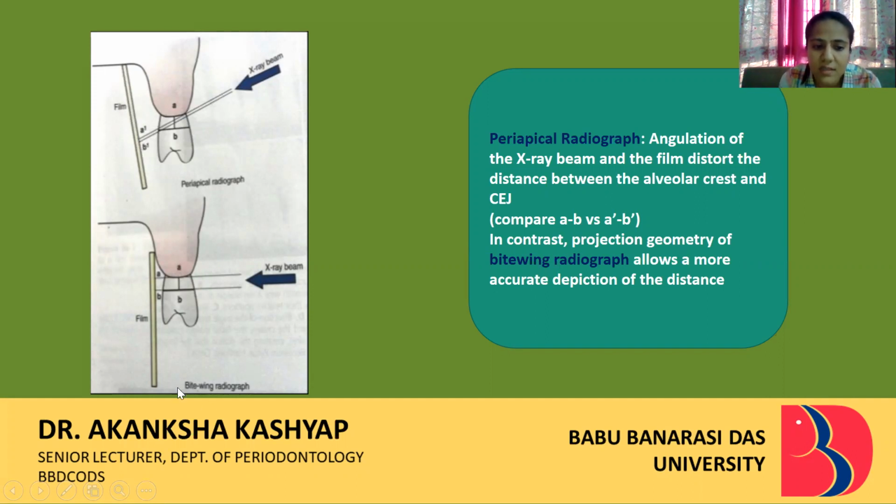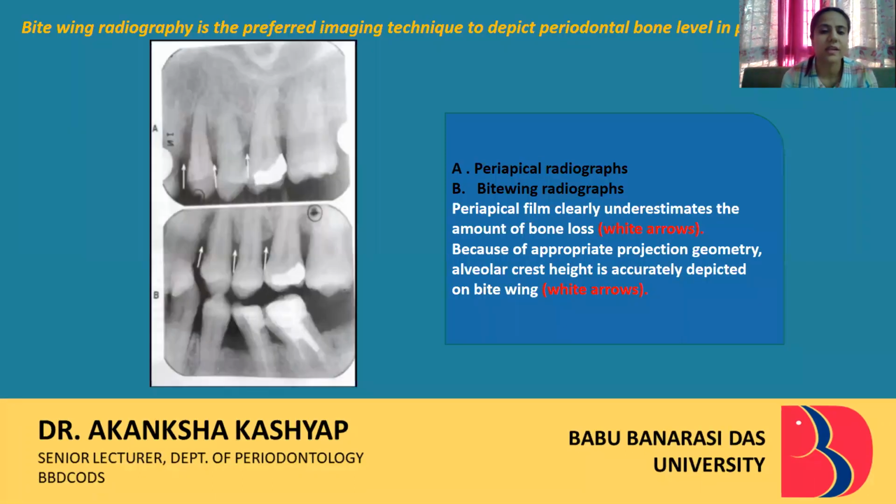While in the bite wing radiograph, the X-ray beam is perpendicular to the film. So this is the actual distance, and this is the distance which has been measured by this technique. So this is almost accurate. They allow a more accurate depiction of the distance. Like here you can see these white arrows tell us about the amount of bone level.